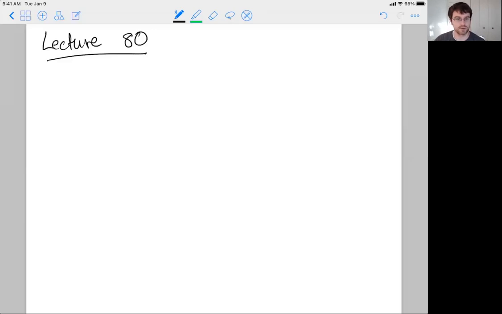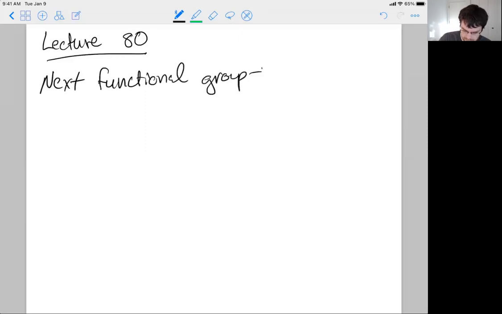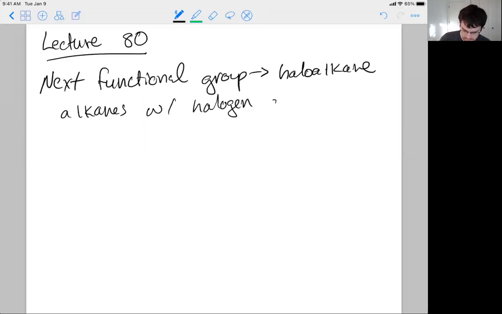Every time we introduce a new functional group, we need to talk about some basic attributes of it. So the next functional group is the haloalkane. Okay, so haloalkanes are alkanes with halogen atoms.